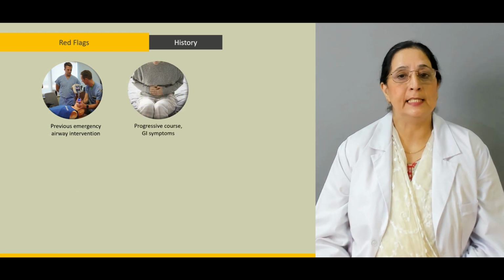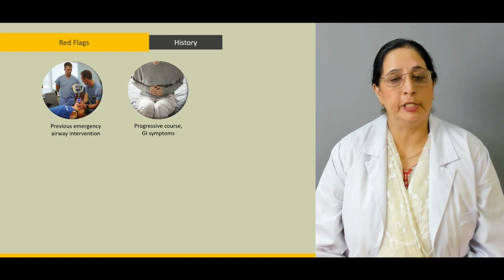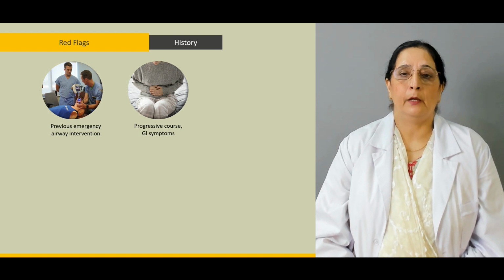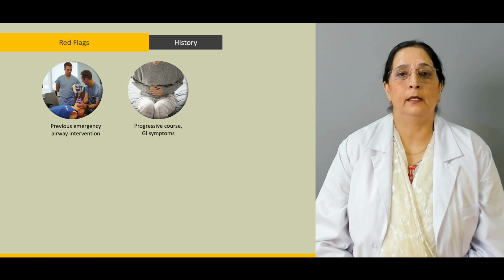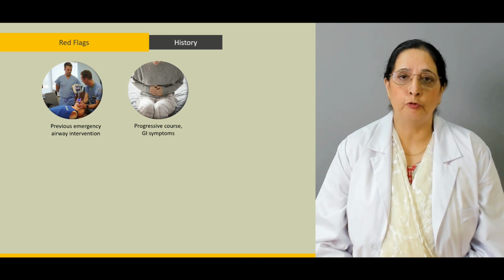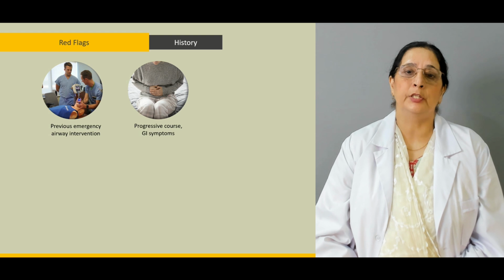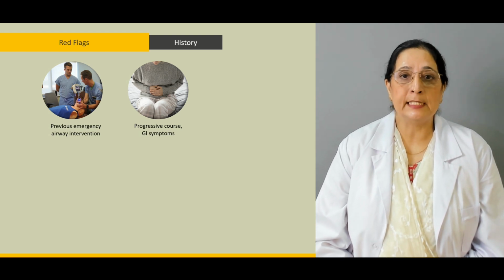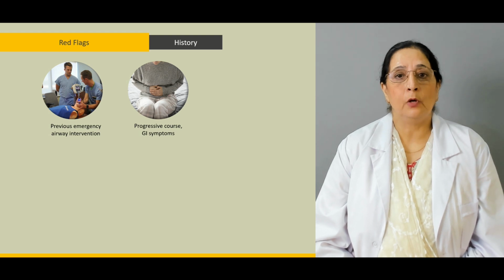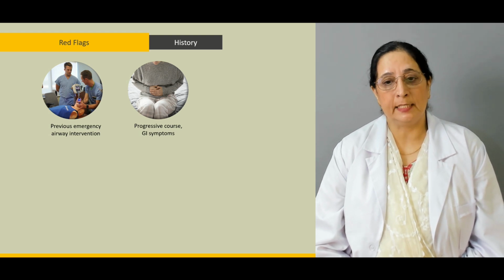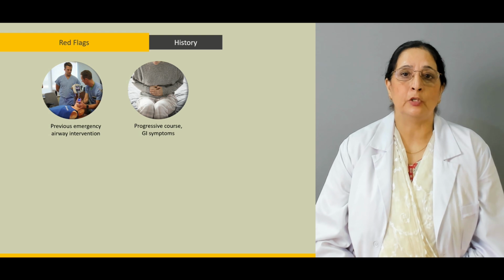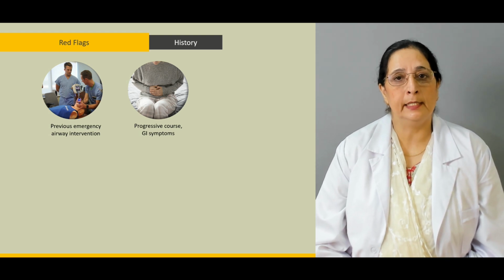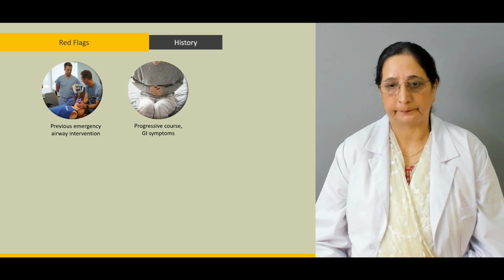Next is progressive course GI symptoms. Different allergies to food can also cause GI symptoms like nausea, vomiting, pains. All these progressive course GI symptoms are also included in the red flags.